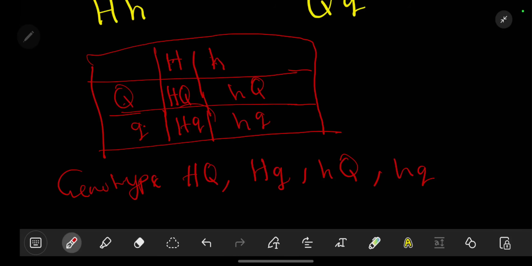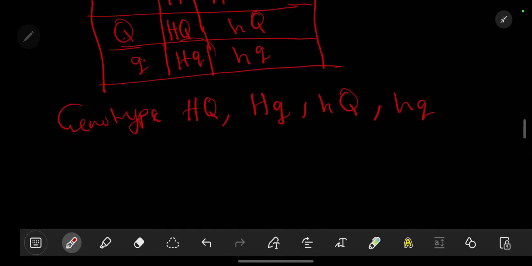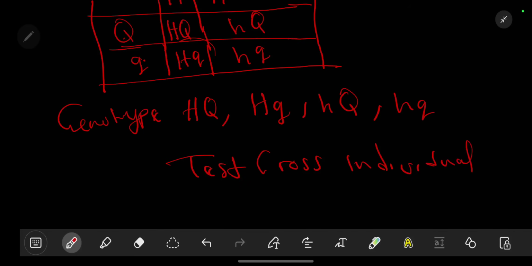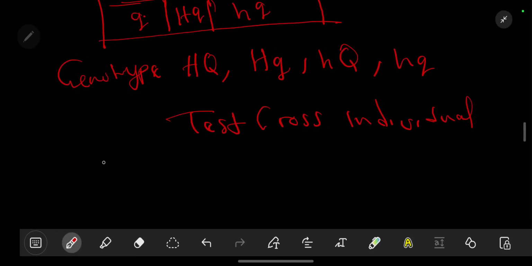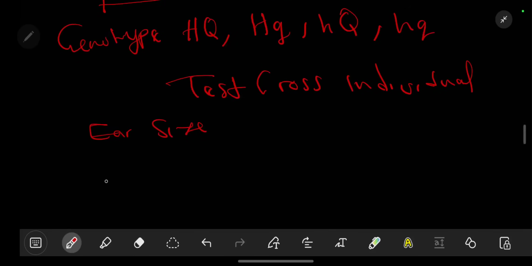Now we are going to look at the test cross individual. This person should have both traits recessive. That means for ears, this person should have two small letters for h, and for eyes, this individual should have two small letters.